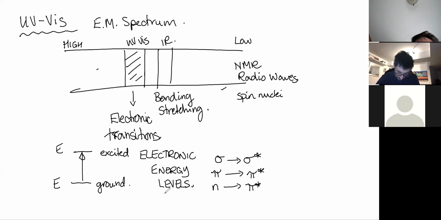Out of all three of these, these are basically the highest energy that we're talking about. I guess the key point is that we're dealing with electronic transitions here. Are you seeing the screen? Yeah. Okay.